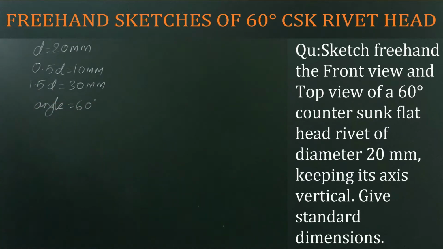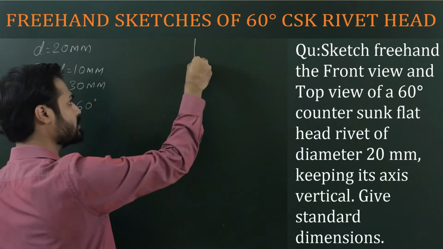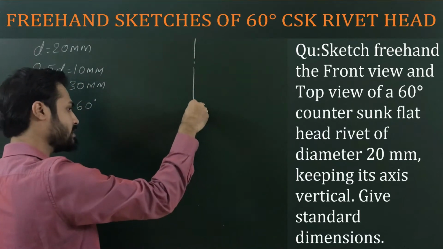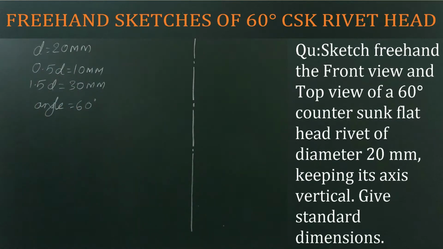Now the first condition for the rivet head is that its axis is vertical. So draw a vertical axis.